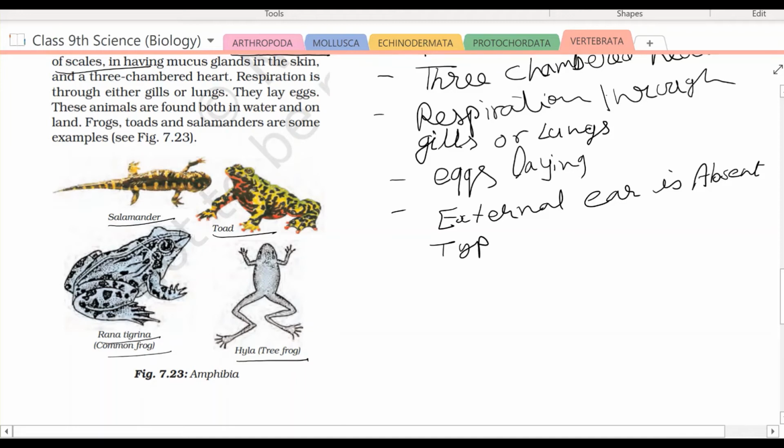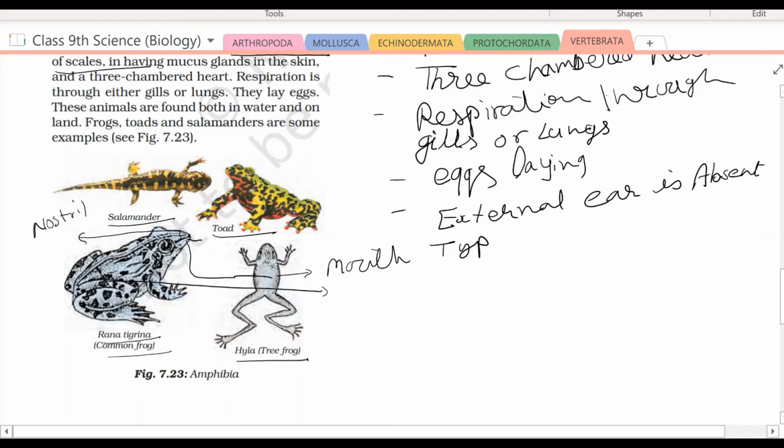This is the figure I have given. I have labeling there. In this figure: mouth, nostril, leg. This one is the dorsal line.